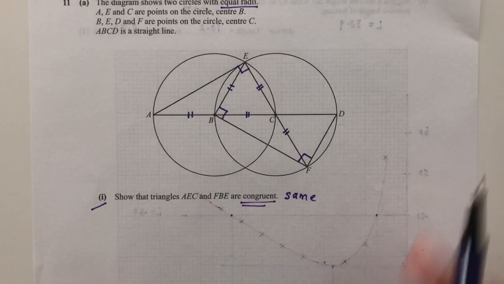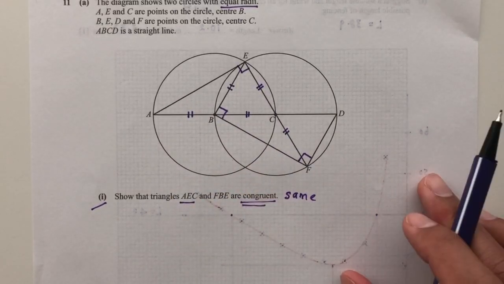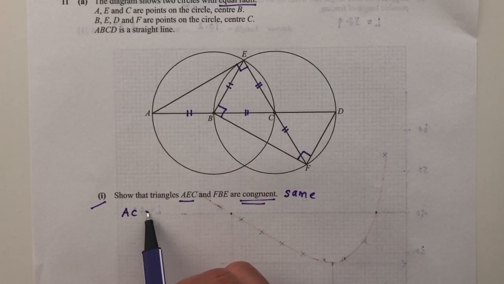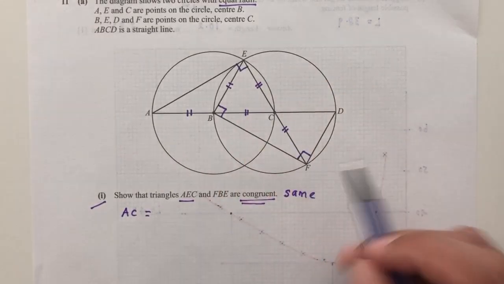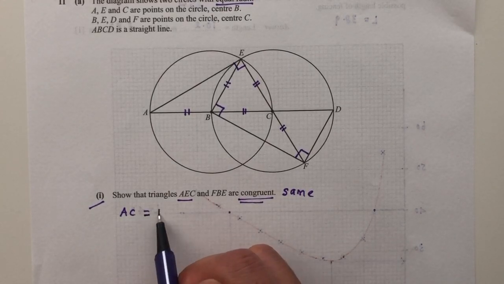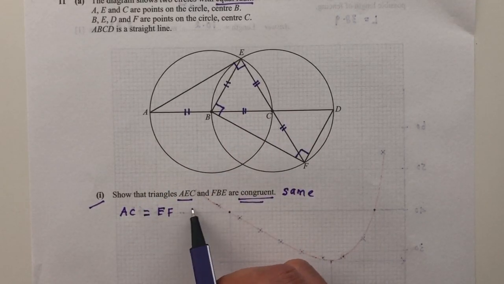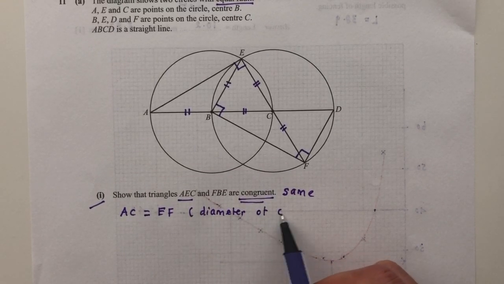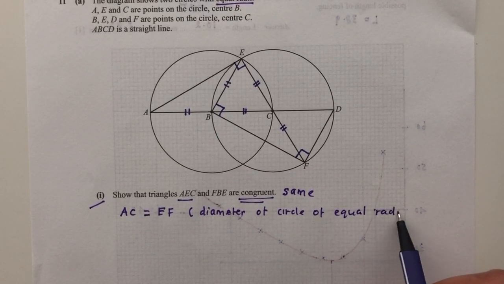So first, for this first triangle AEC, we have AC equal to EF, or we can say FE. So let's write EF. AC equals EF, because they are the diameter of circles of equal radius.